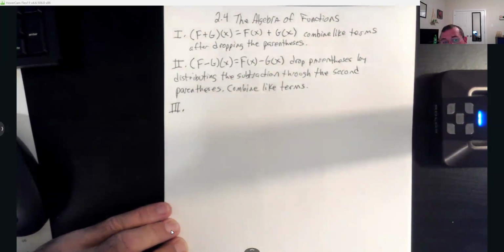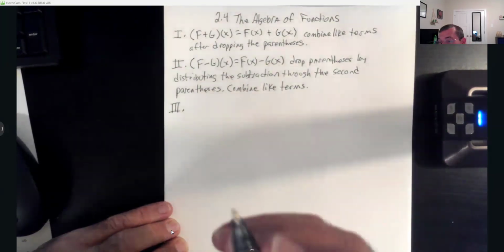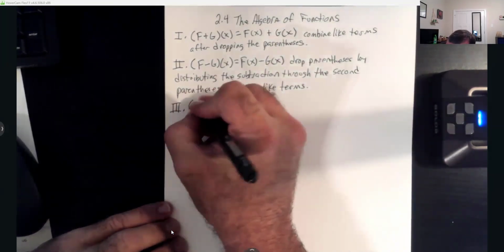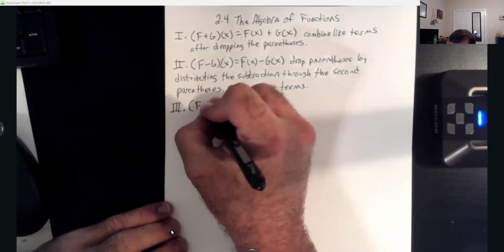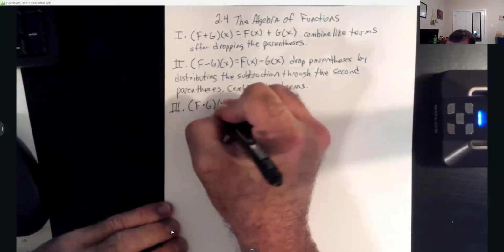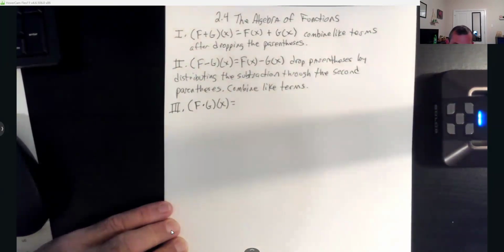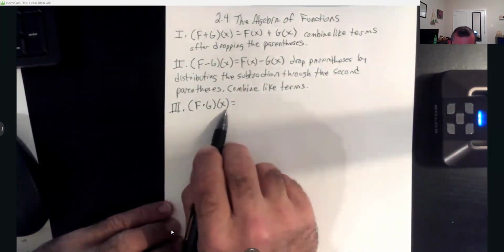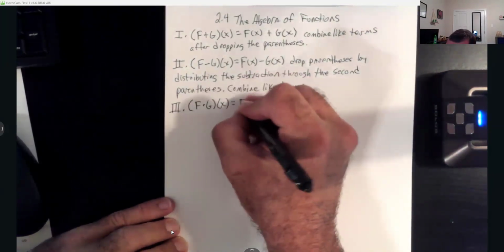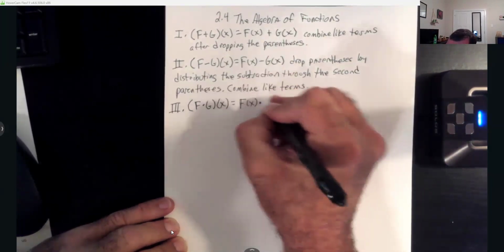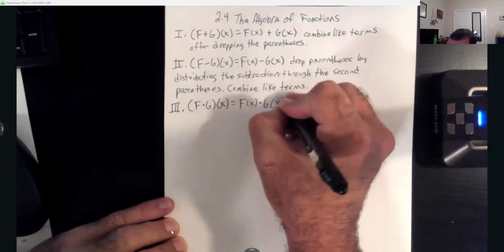What will actually change the variables is what we got next, multiplication. So this is f times g of x. Well, y'all, f times g of x equals f of x times g of x.